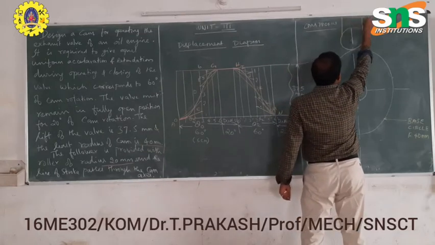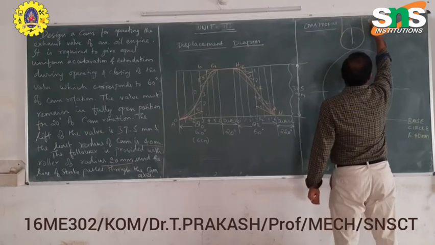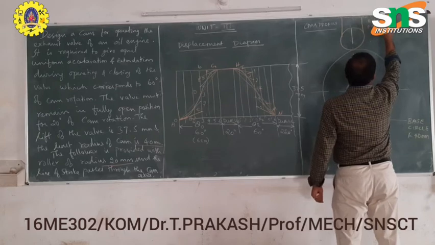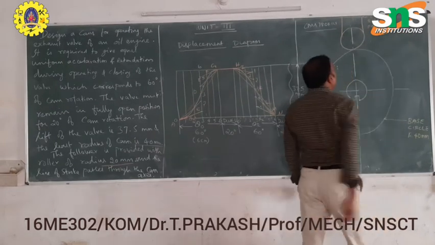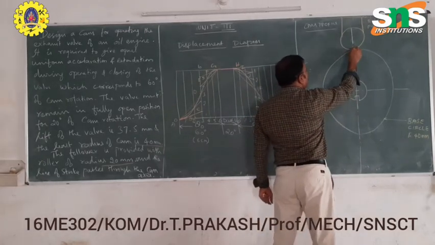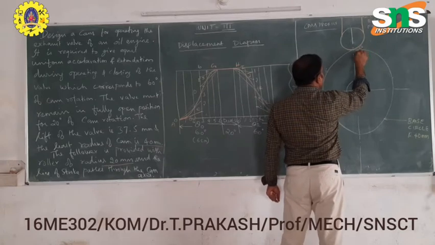It is our roller. It touches the base circle at this point. It is our starting point 0 and A point.